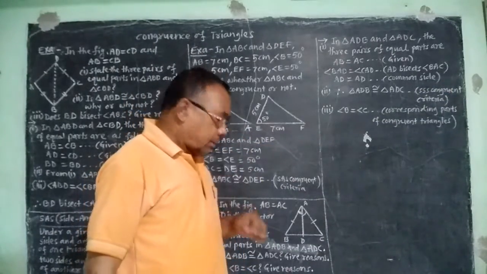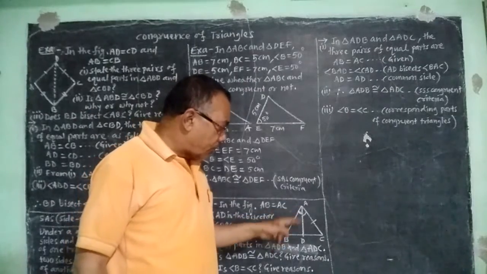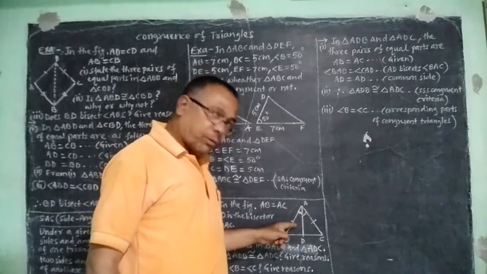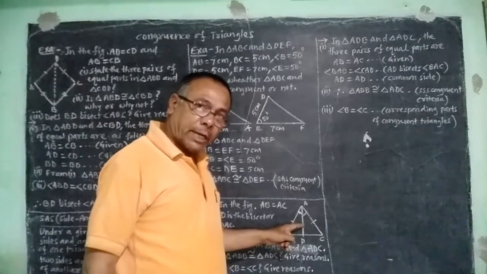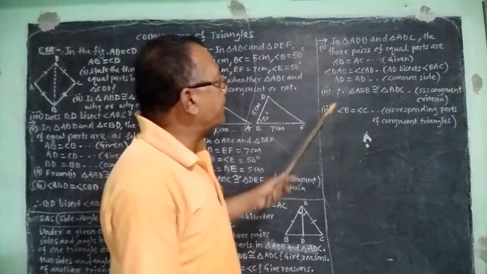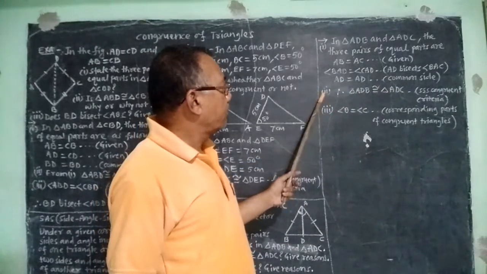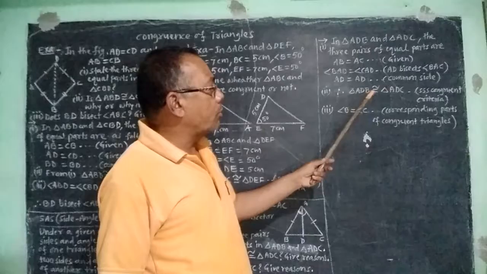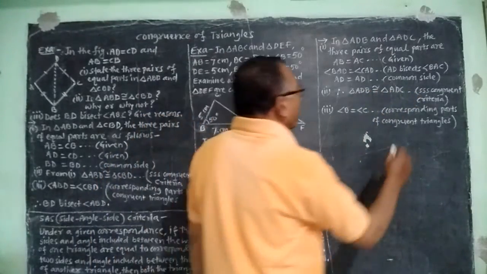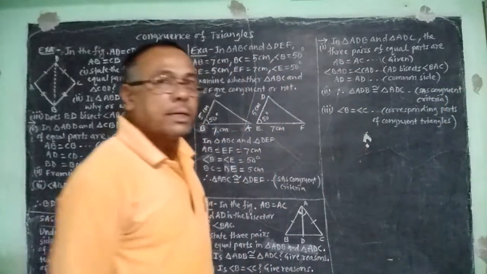Now the third part, that is AD equal to AD, because AD is the side of the first triangle as well as the side of the other triangle. So AD is the common side. So we will write here AD is equal to AD, that is common side, and therefore triangle ADB is congruent to triangle ADC by SAS congruent criteria.